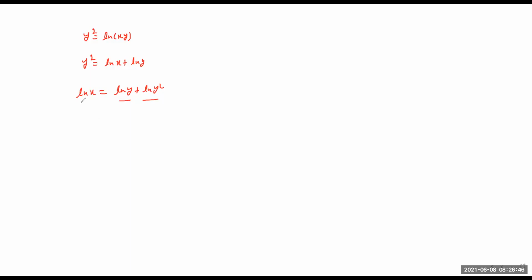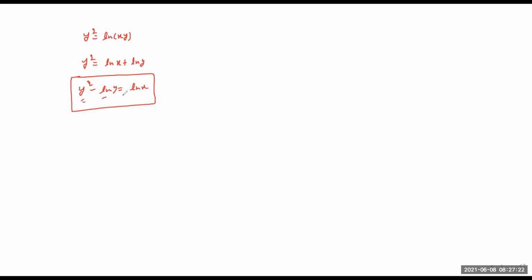Sir, I have a doubt. Why cannot we combine it like ln y plus ln y square is nothing but ln y cube? Actually, here ln x plus, sorry, my bad. I have made a mistake here. So y square minus ln y is ln x. Okay, so now, actually I have written it wrongly.